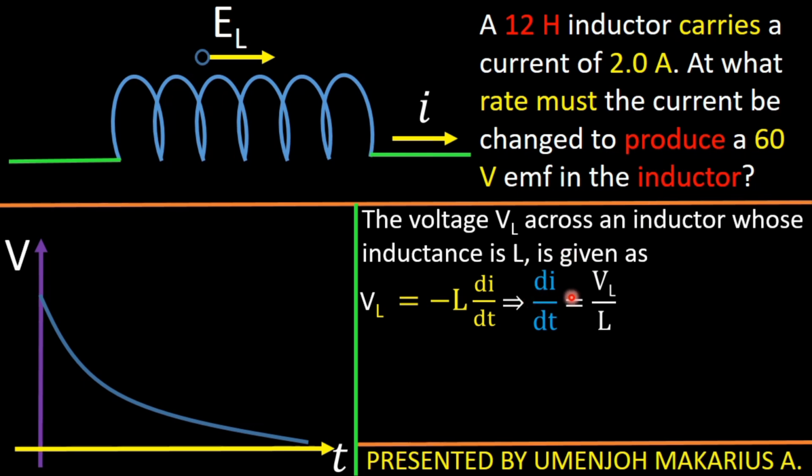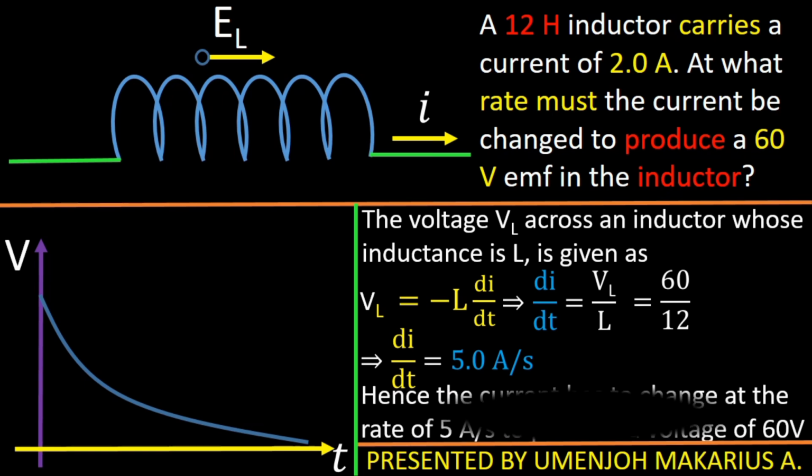That's the change in current with respect to time. So guys, the voltage in question is 60.0, then the inductance is 12. So we plug in everything, we have di by dt equal to 60 over 12. Doing that, we have an answer of 5.0 amperes per second.